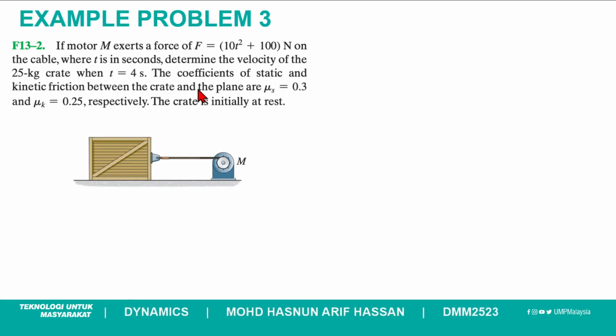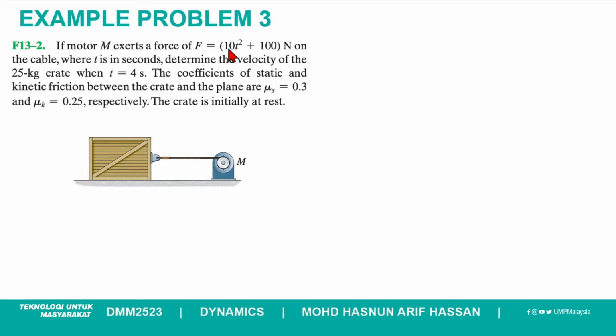Yang kedua is the previous problem, the previous two problems, the force is constant. Macam yang pertama tadi, 400 Newton constant. Throughout the motion, tak kira masa 4 seconds, 2 seconds, 3 seconds, the force applied is constant. But in this case, the force is changing over time. You see, the force is given as a function of time.